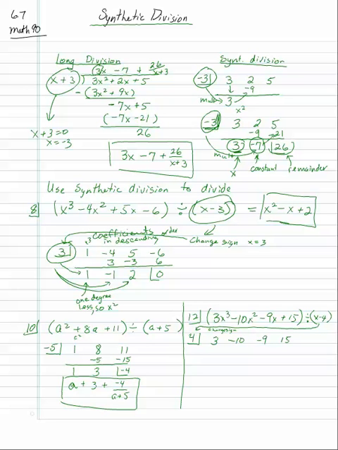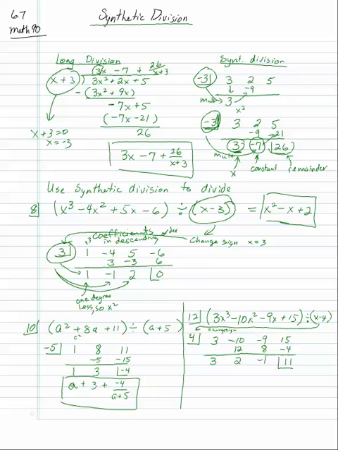So that'll be positive 4. Bring the first term down. 4 times 3 is 12. Add down the column. Negative 10 plus 12. 4 times 2 is 8. Negative 9 plus 8 is negative 1. Negative 4, so your remainder is 11.